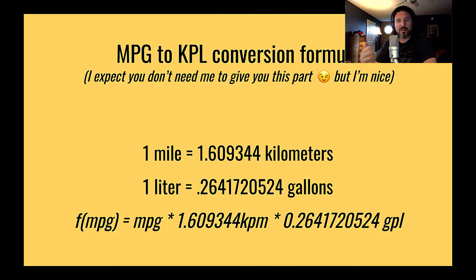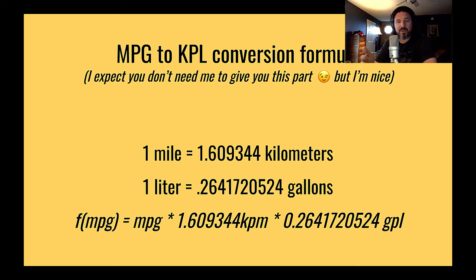At that point, then you can look up the relevant numbers that you're going to need. In this case, a mile is 1.609344 kilometers. And why did I choose 1 mile equals however many kilometers, versus 1 kilometer equals however many miles? That's because that works out to a nice clean kilometers per mile value.